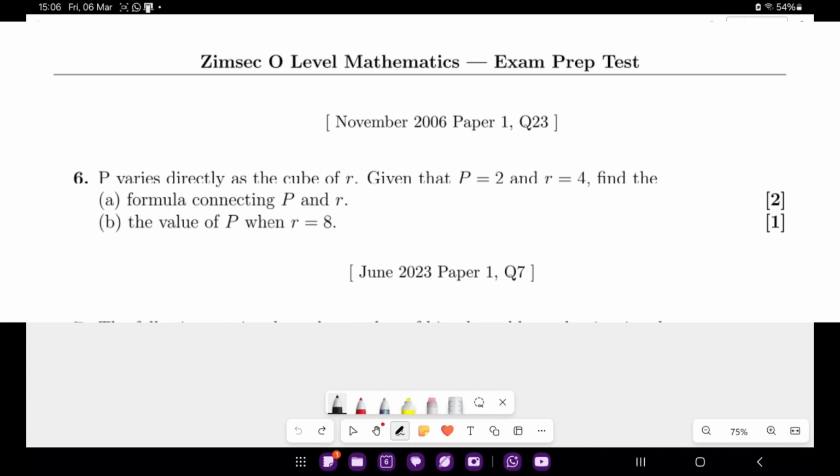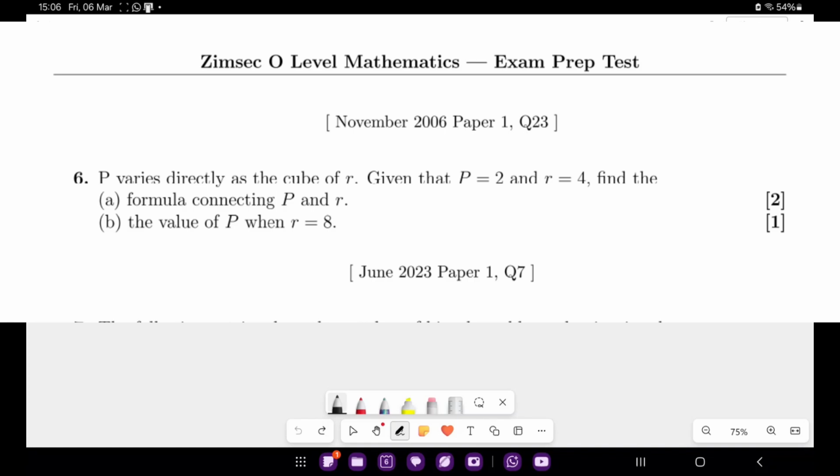Notice that they never said k. If you know variation, we always have a constant. Since they haven't said find the formula connecting p, k, and r, they just said p and r, that means we have to find the value of k and then replace k in the original formula that we would have created.